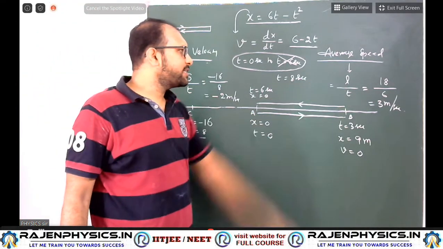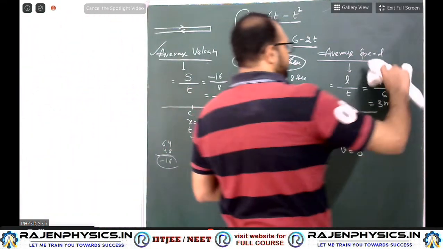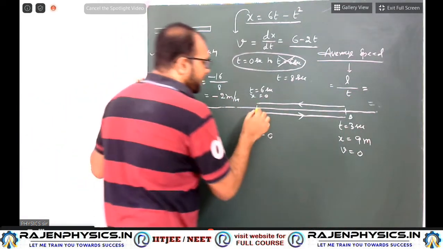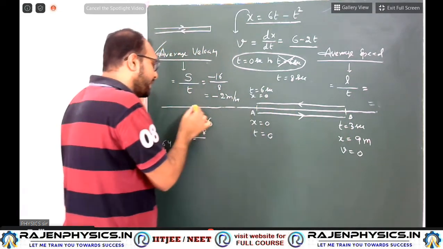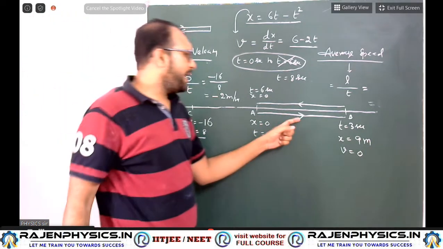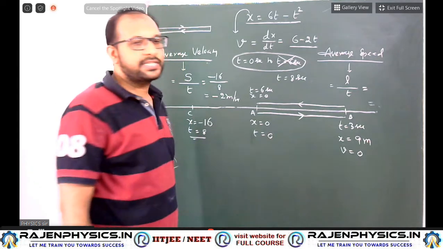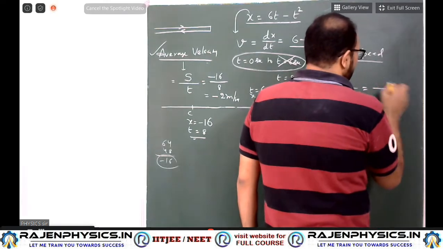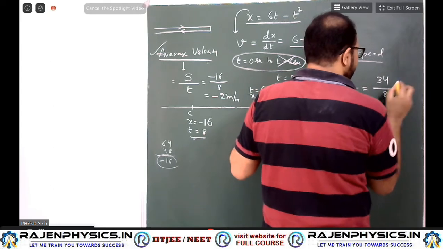Same, now come to distance. Here the distance is not 18 now. Here 9, here 9, and here 16. So 9 plus 9, 18, 18 plus 16, that is 34, divided by time, which is 8.